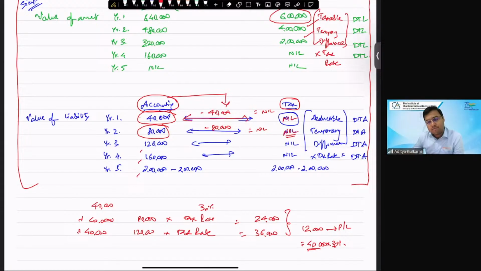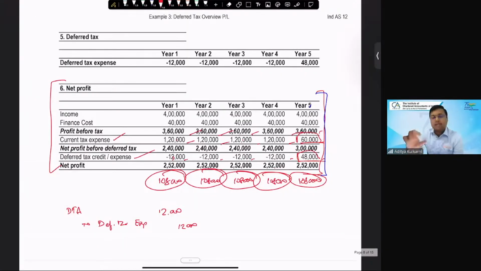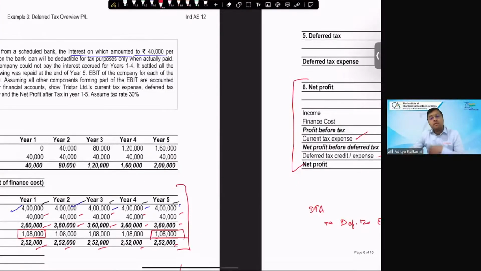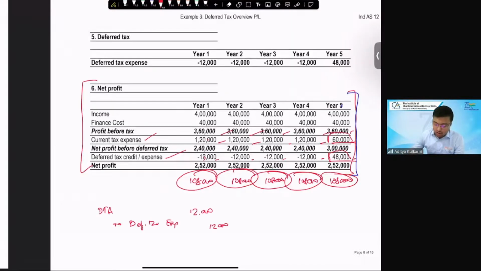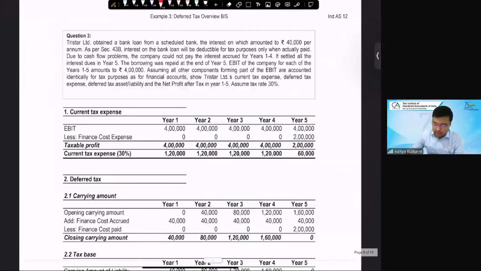Did you follow? So the whole point behind the balance sheet approach is, when I talk about the balance sheet, I don't get the yearly charge directly. I get the closing balance of the deferred tax asset or liability.